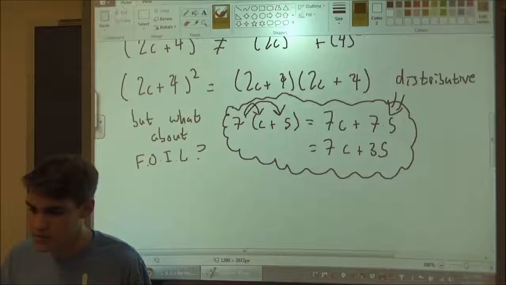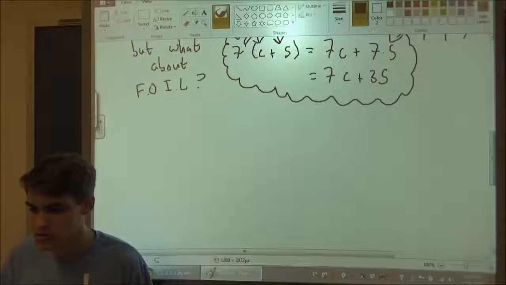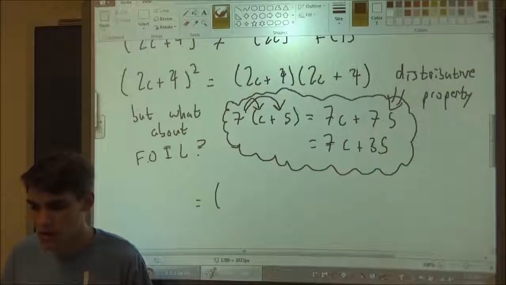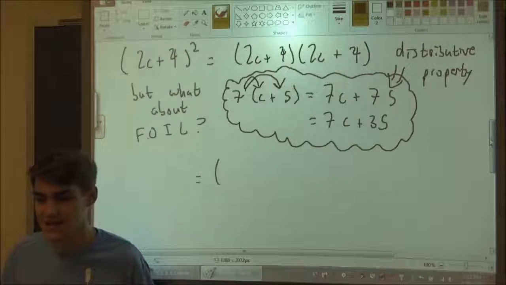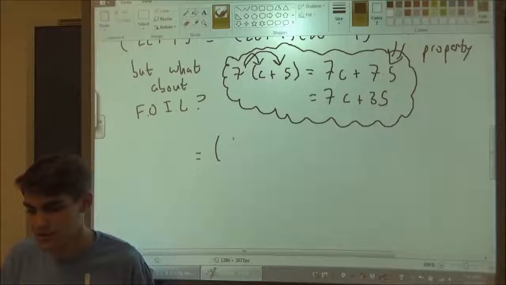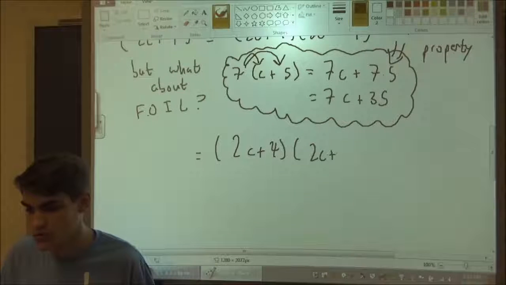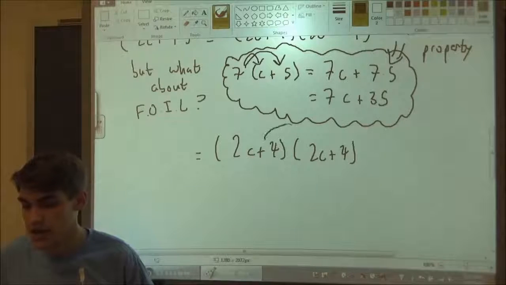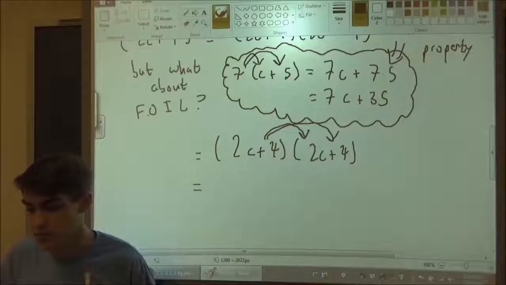And how's that going to help us with squaring binomials? Well, it turns out that you can treat the binomial above as its own 7, like in our example above. So let me rewrite this step. I want to treat this whole binomial as its own 7 and distribute it across, and that's going to give us the foiling method that we all know and love.